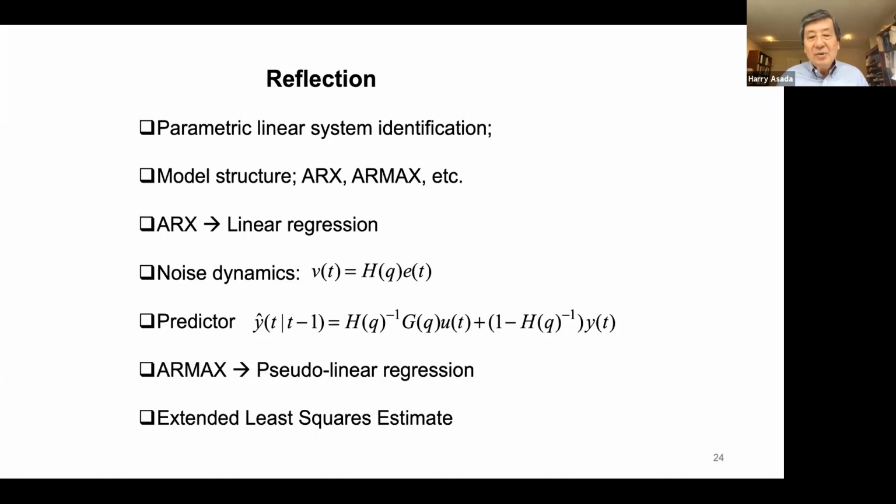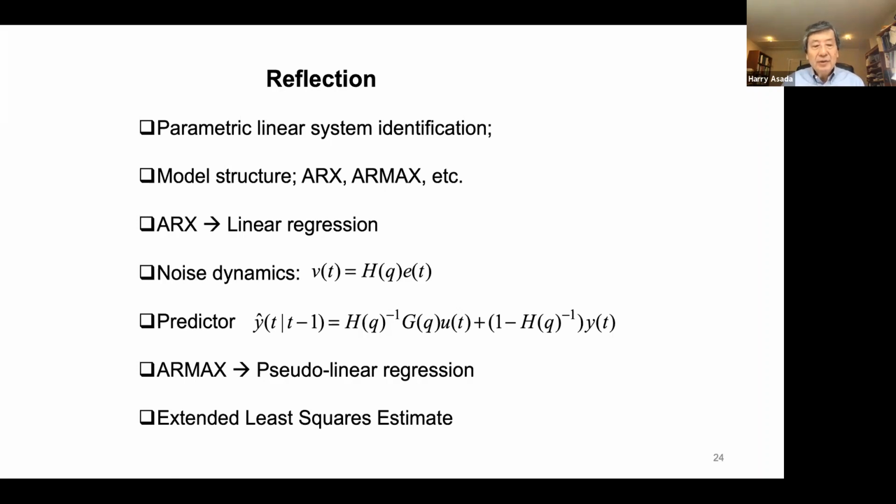And then what we'd like to do is to identify both the path dynamics G(q) and the noise dynamics H(q).